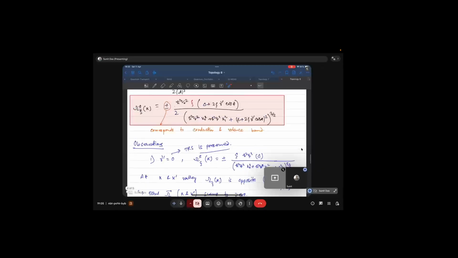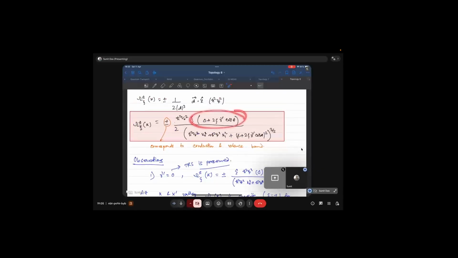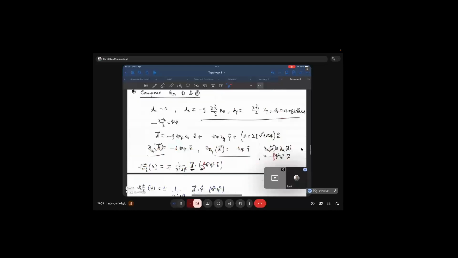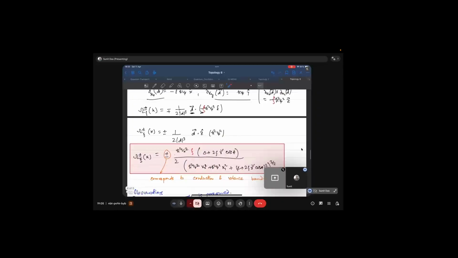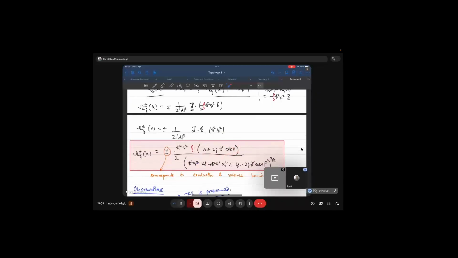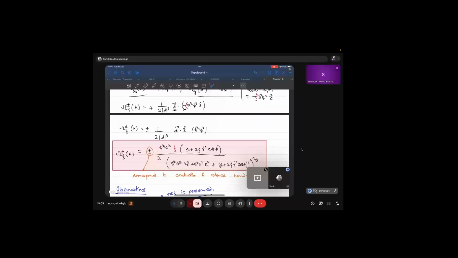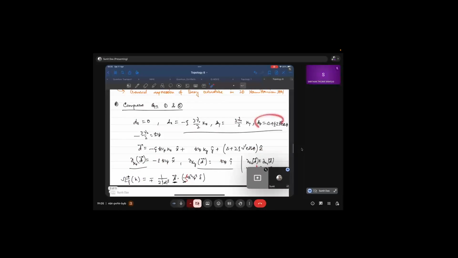Another important point: remember this whole term is nothing but the dz term, right? So whenever this whole term, the dz term, is 0, that means the whole Berry curvature is also 0. This dz term is actually breaking the inversion symmetry of the system.